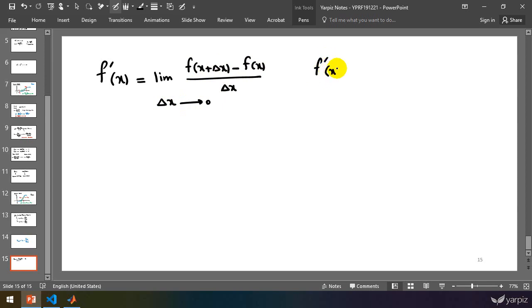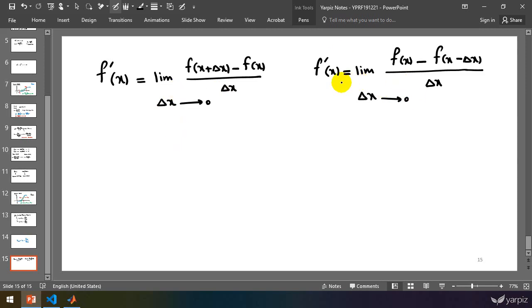Similarly, we can have another definition: the limit of f of x minus f of x minus delta x divided by delta x, where delta x goes to 0. And this approaches from the left-hand side, assuming that delta x is a positive number.